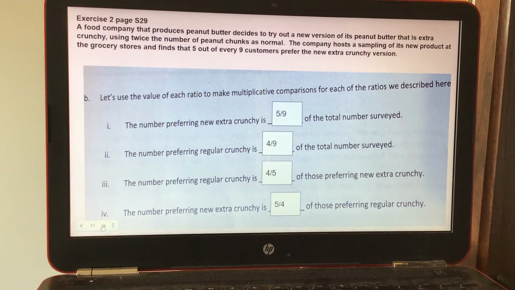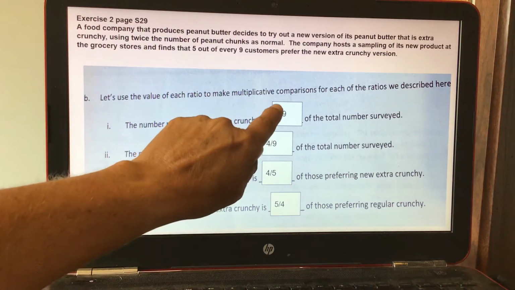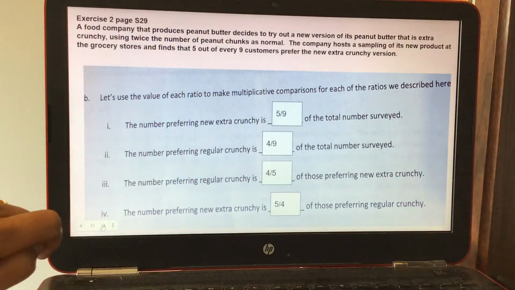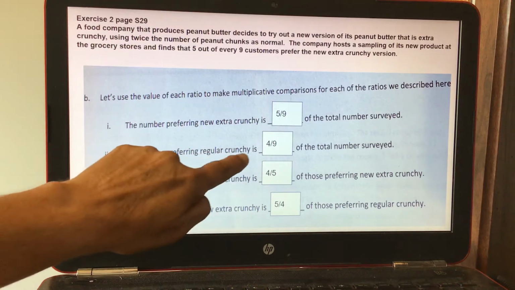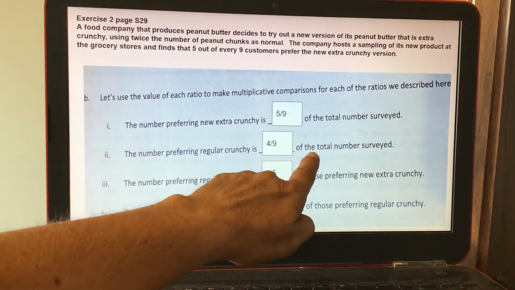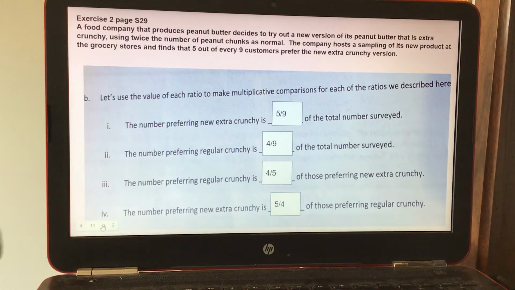Okay, B, let's use the value of each ratio to make multiplicative comparisons for each of the ratios we described here. So the number preferring new extra crunchy is 5 over 9 of the total number surveyed. The number preferring regular crunchy was 4, so 4 goes on top, that's your numerator, of the total number surveyed was 9, so 9 would be your denominator.